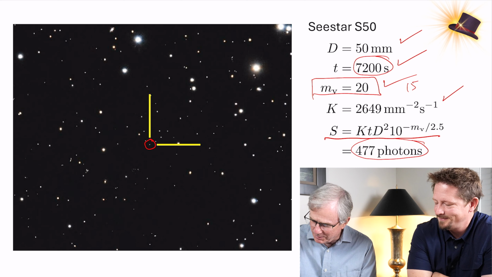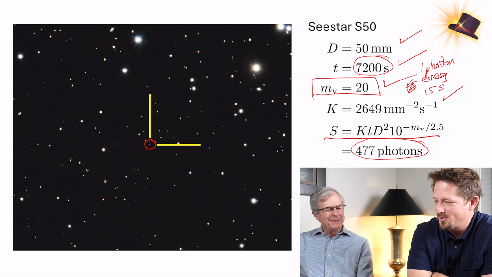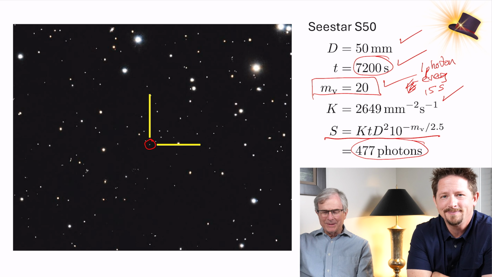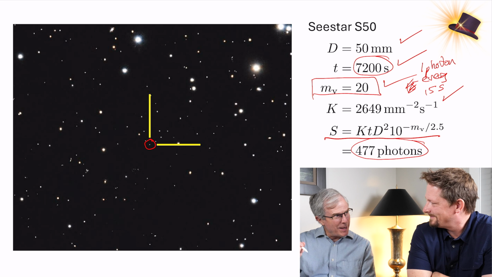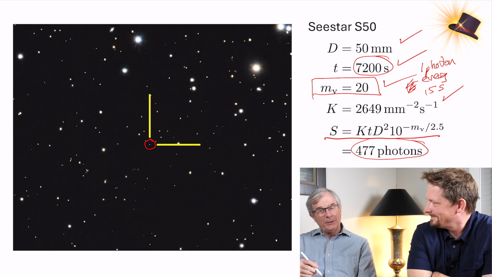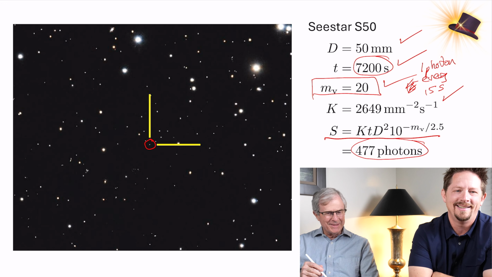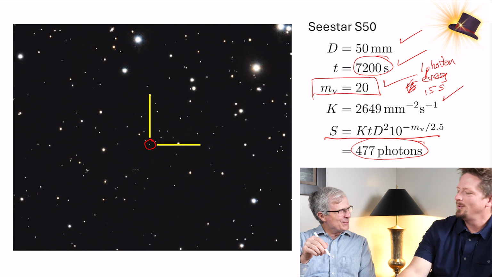It works out to be about 1 photon every 15 seconds. That's a super slow drip. They don't come regularly, they come randomly. So you get one, and then wait around for 15 or 30 seconds, and you get another photon hitting your sensor.